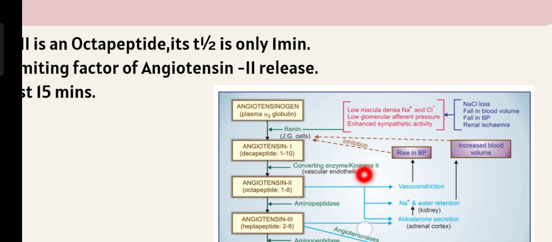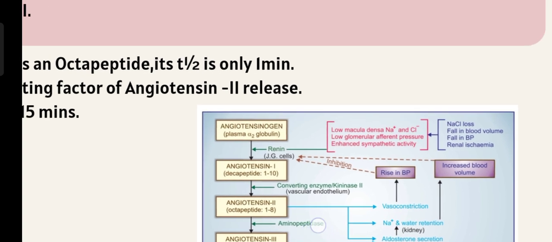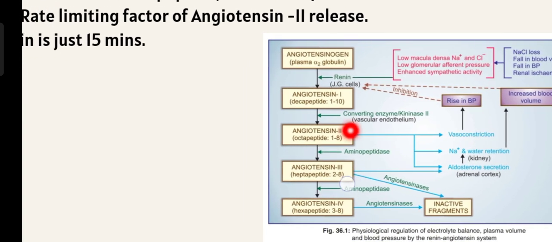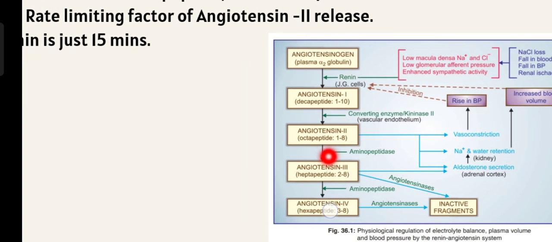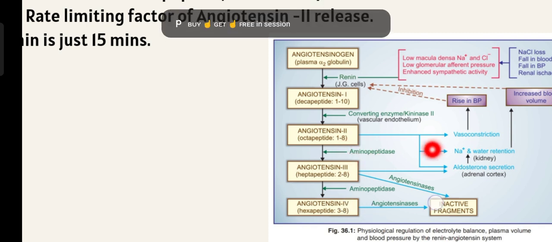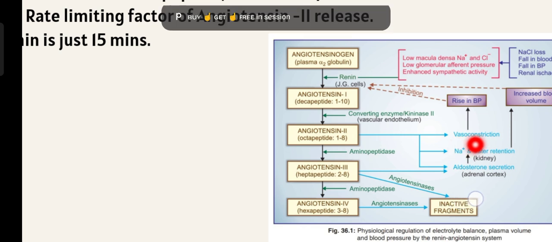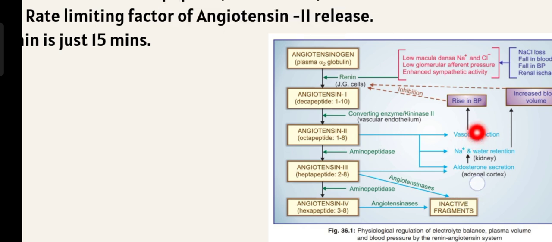Angiotensin 2 has a major bioactive role. It is an octapeptide, and it shows its action by inducing vasoconstriction, that is the narrowing of the blood vessels and arterioles, thereby increasing the blood pressure.